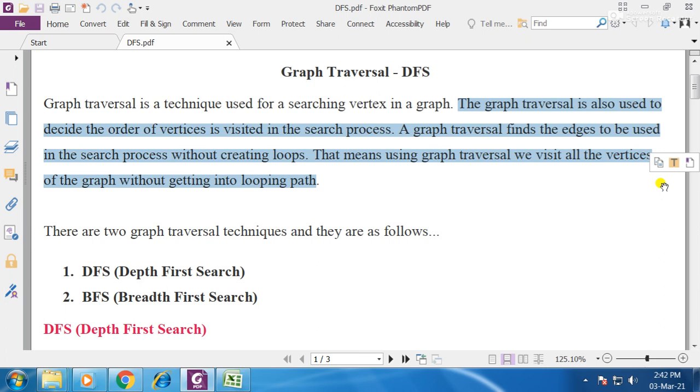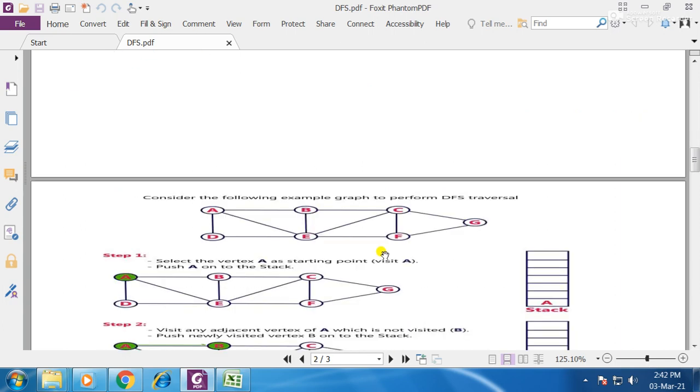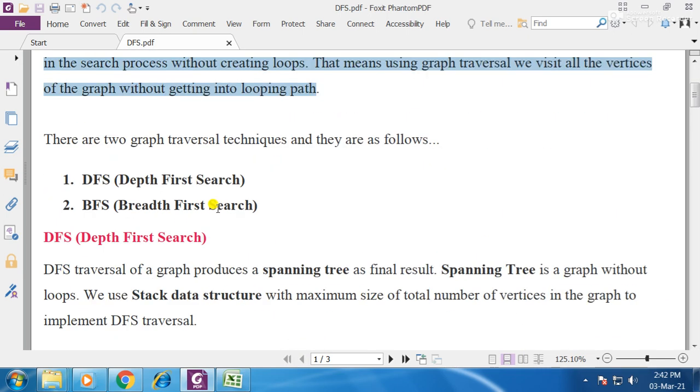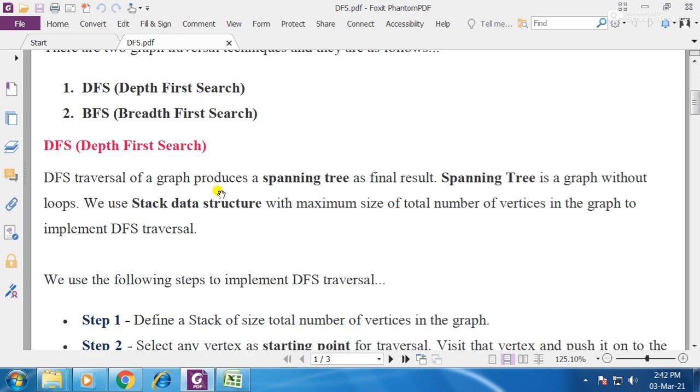First of all, we have to clarify one doubt here: what is a loop in the graph? If by visiting one vertex, again we are going to visit the same vertex, then that particular process is called a loop in the graph. अगर आप बार बार वही वर्टेक्स को विजिट कर रहे हैं, एक वर्टेक्स पे जाके फिर से वही वर्टेक्स पे वापस आ रहे हैं जहाँ से आप शुरू हुए थे, अगर इस सिचुएशन में हैं आप, so then that particular case in the graph is called a loop.